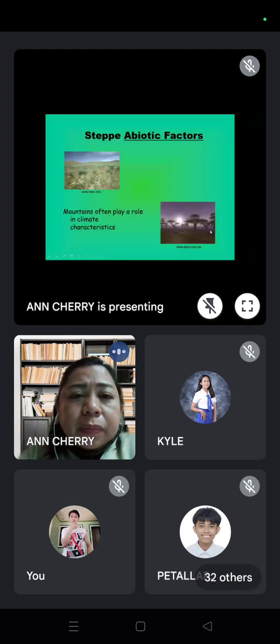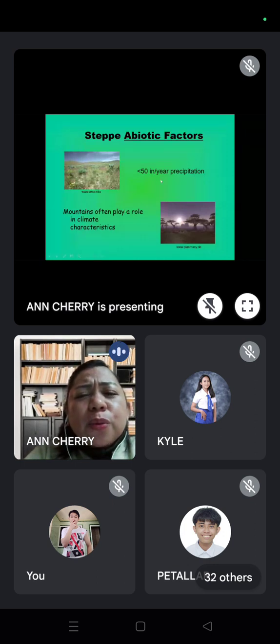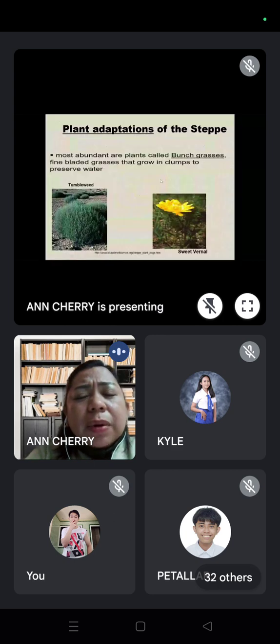So steppe abiotic factors: less than 50 inches of rain per year, or snow. Mountains often play a role in the climate characteristics. So what are the plant adaptations of the steppe?